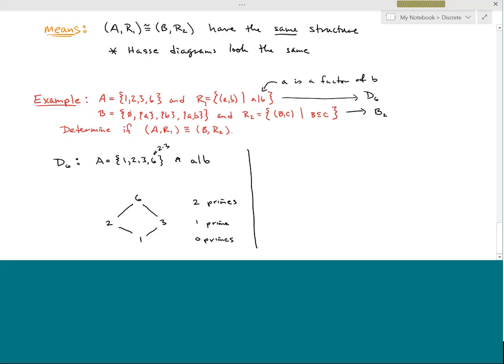Now, if we look at building the Hasse diagram of B2, our building set B was dealing with the empty set, the single set of A, the single set of B, and the 2-element subset of AB. And here, all of our guys are ordered by subset inclusion, which means what?